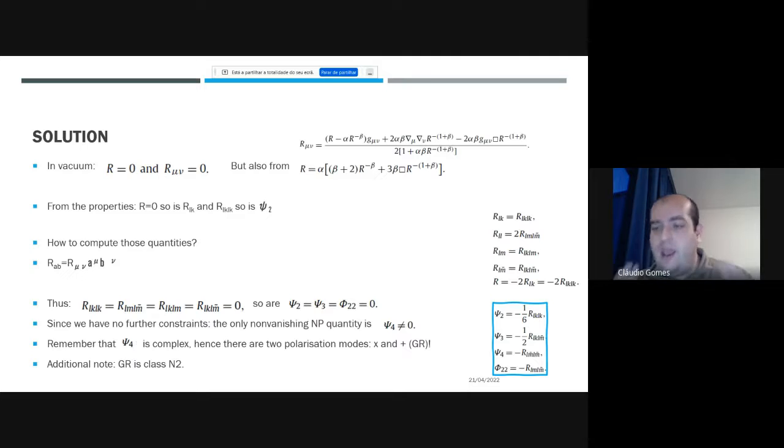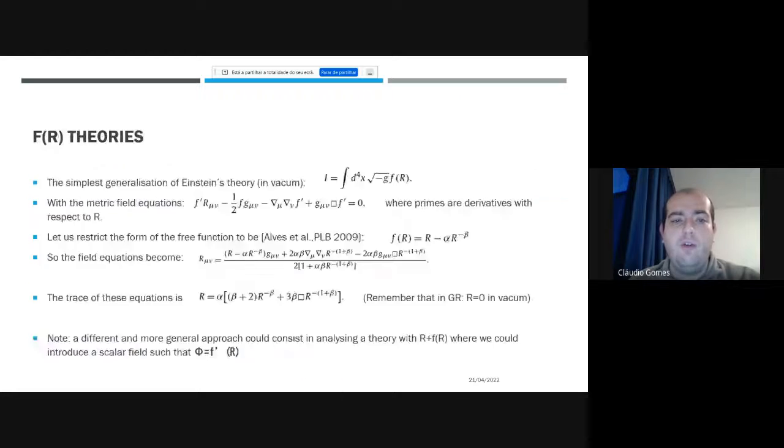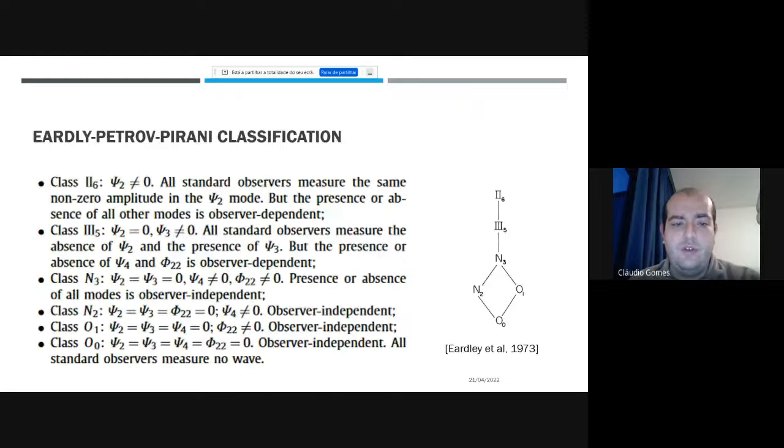So general relativity, as we have seen from the linear formalism. An additional note, you remember this class that I told you of, N2, so only psi4 is non-vanishing. We can look back into this classification, and we see that this is precisely that general relativity lies in the class N2, meaning that it's observer independent.